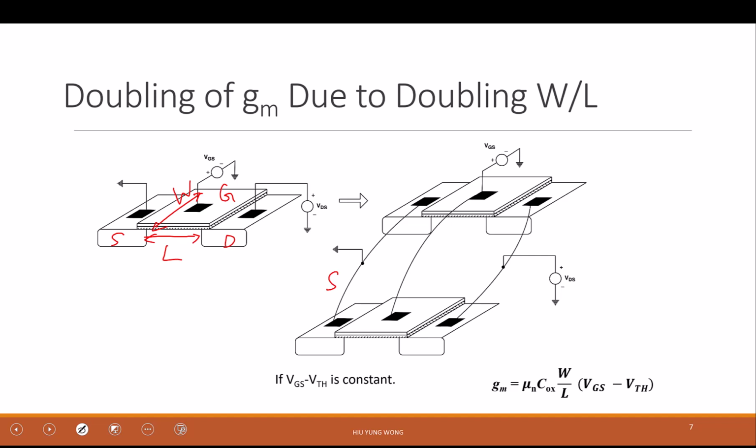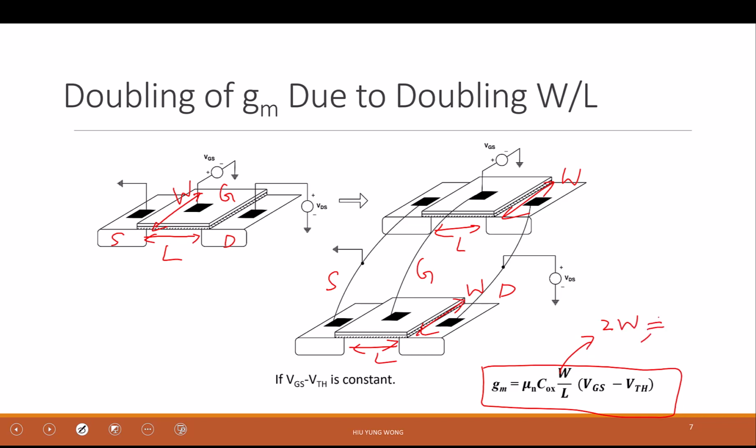This is still source. This is still drain. This is still gate. But now I have doubled the width, because this is W, this is W, this is L, this is L. It's just that for the freeway, I double the number of lanes. That's it. And then my transconductance will be double. Because now it becomes 2W, so GM will increase by 2x. Right? Very, very simple way to make a larger GM. Is that okay?